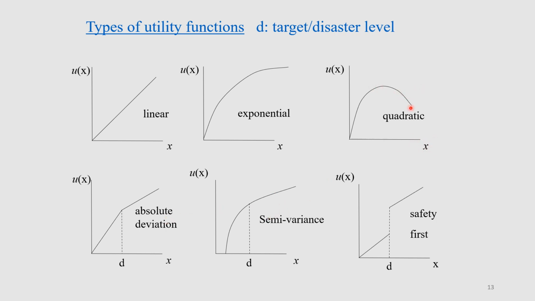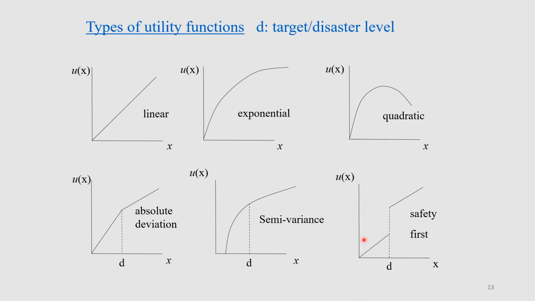We have absolute deviation, where we get a disaster or target level of income, and above it you change the rate of increase in the marginal utility. Semi-variance is at the disaster level, you get a straight line again, and prior to that you've got this concave function.